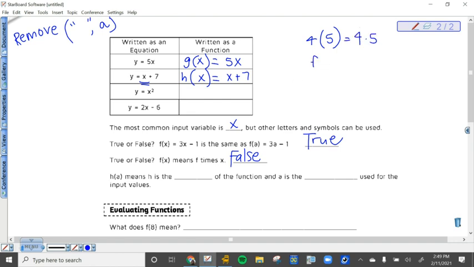But f of x does not equal f times x. Okay. So h of a means h is the name of the function, and a is the variable used for the input values. That's the variable.